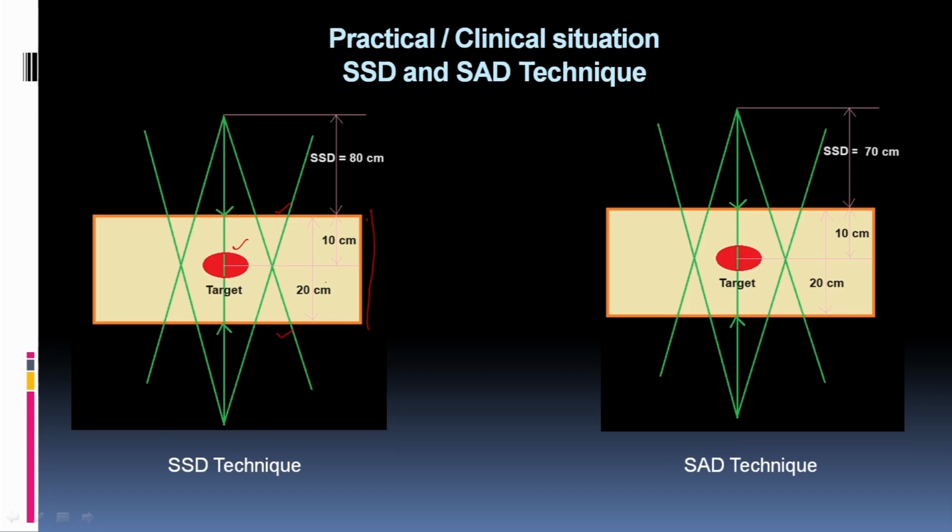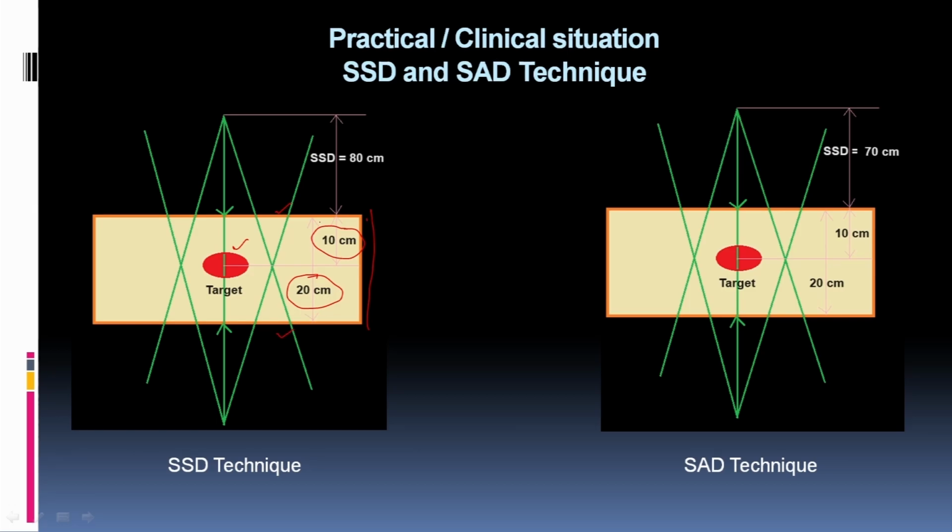We call this separation the interportal distance, or simply the patient separation. The target is placed at the center, and the target to skin surface distance, the depth, is 10 centimeter.